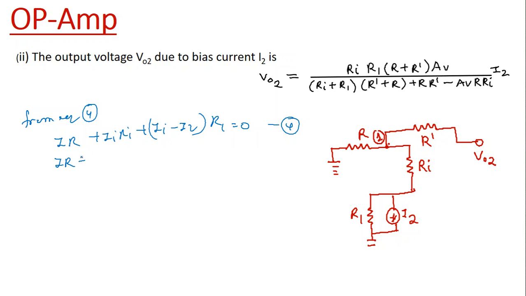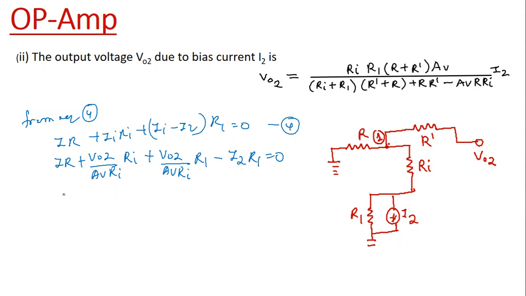So we get IR plus II was VO2 divided by AVRI into RI plus VO2 divided by AVRI into R1 minus I2R1 is equal to 0. This is what we are getting now.